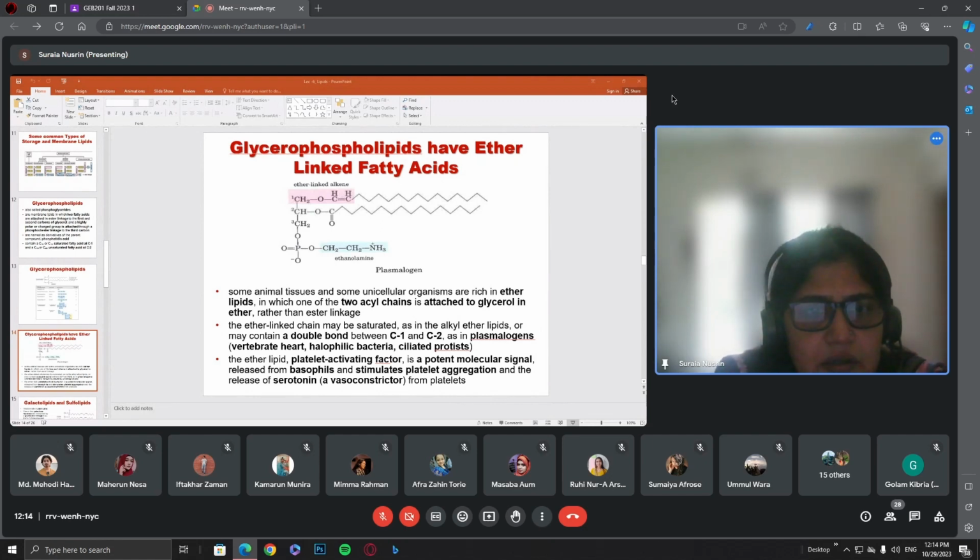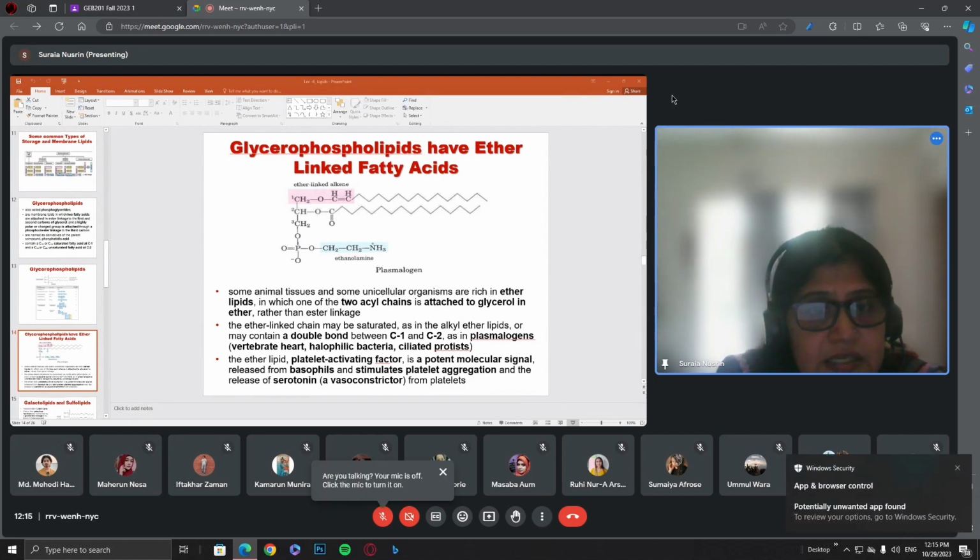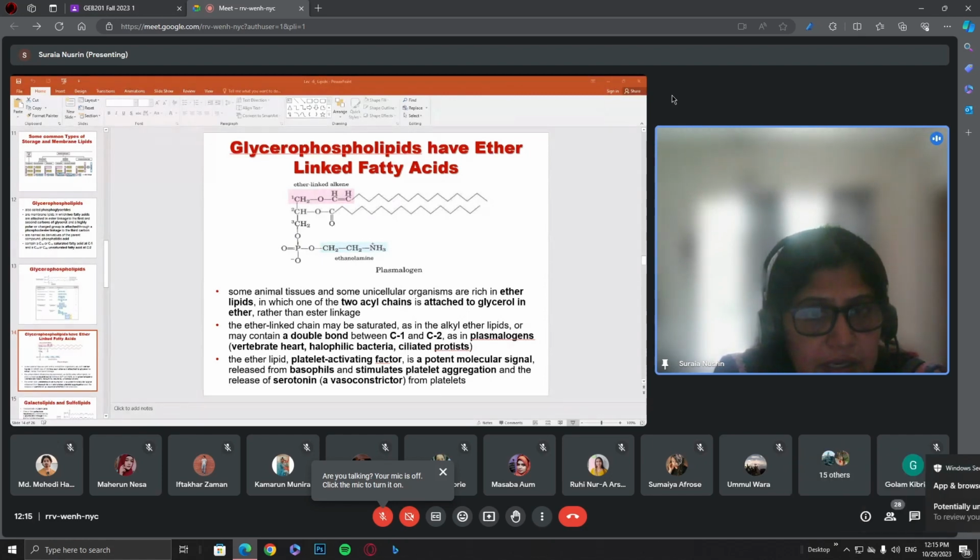Here you can clearly see the difference between these two types of bond. In the ether linkage, at the middle is the oxygen, and next one is the carbon of the fatty acid, and another one the carbon of the glycerol. Whereas in the ester linkage, you can see the carboxylic carbon of the fatty acid is also there. But in ether linkage it is not there.